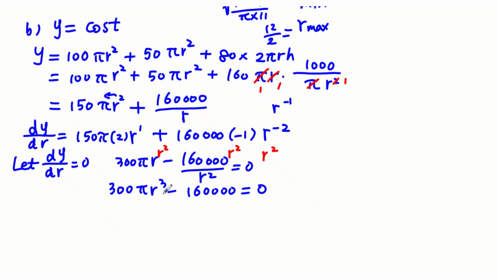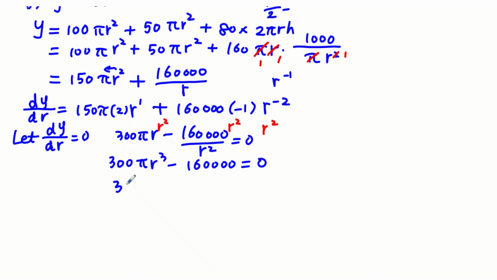So we have only one term with r, so we can isolate it by moving the numbers to the other side. So 300 pi r cubed equals 160,000.